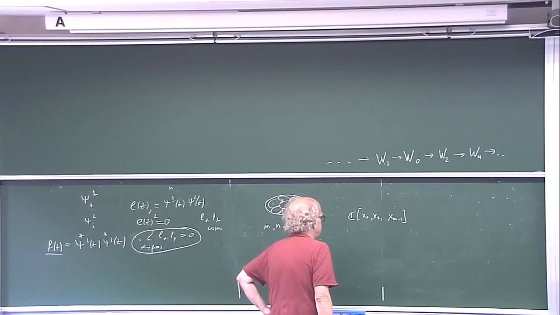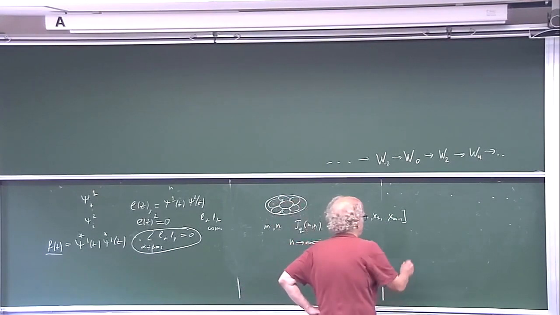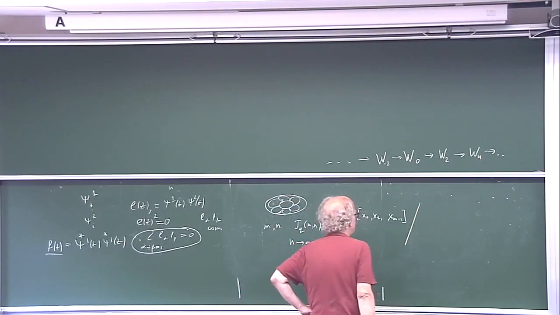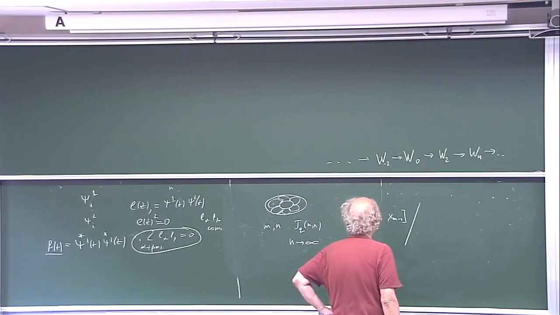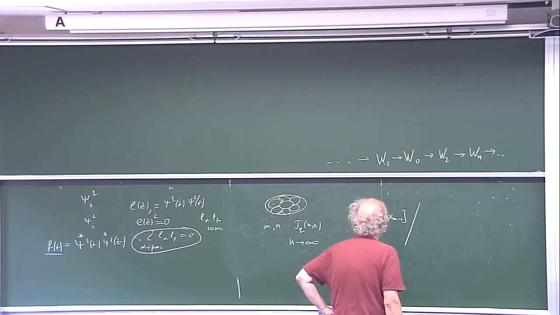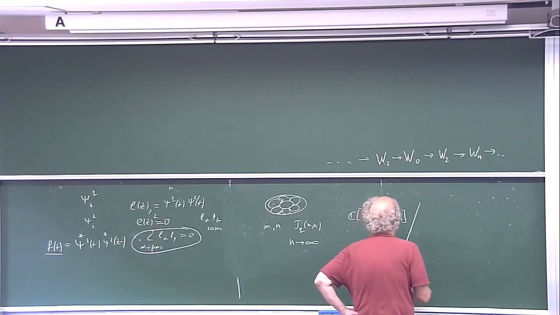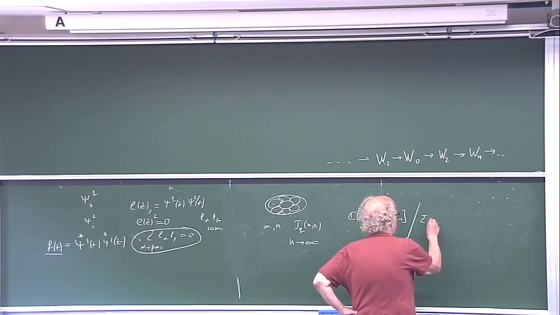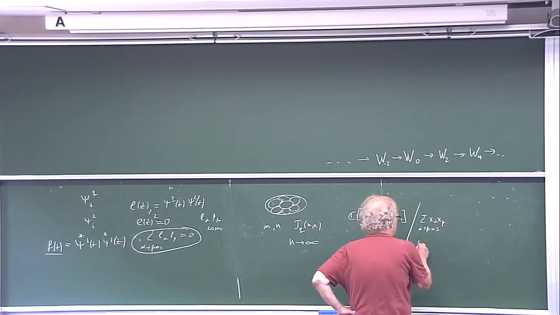Then we have to consider the quotient of this by quadratic expressions, the summation of x alpha x beta, alpha plus beta equal to some s, where s runs from 0 to m minus 1.